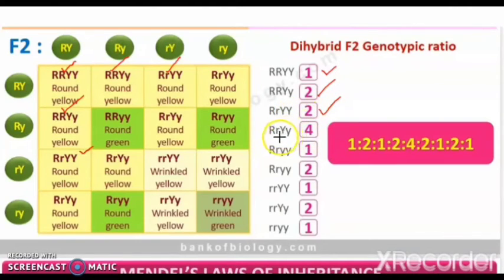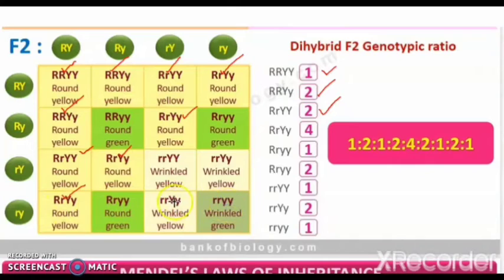Now coming to the next one, which is capital R, small r, capital Y, small y. Let us see how many there are like this. One we have got here, and then another here. This one is different, and here again capital R, small r, capital Y, small y. Okay, now we have got 3, and then we have another one which is capital R, small r, capital Y, small y, right?